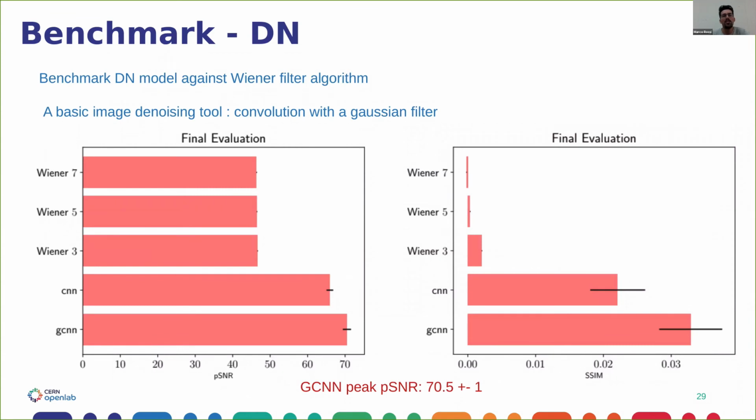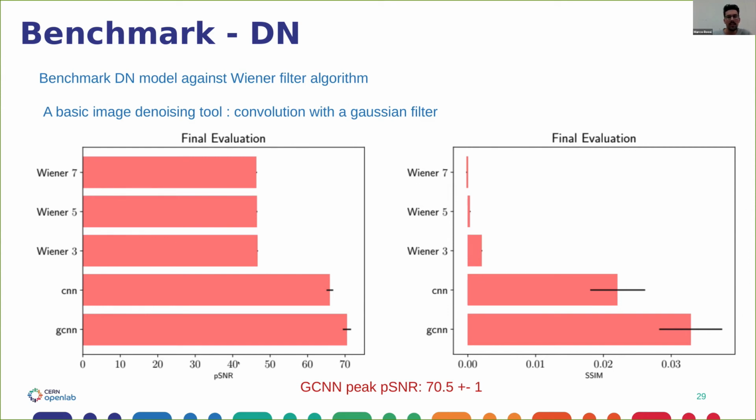As for the denoising benchmark, we benchmark our denoising model, so the full big model, against Wiener filter algorithms. These are just naive convolution with Gaussian filters. We employ three different kinds of filters, one 3x3, one 5x5, and one 7x7.